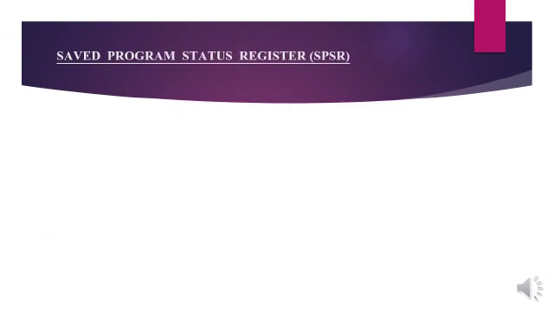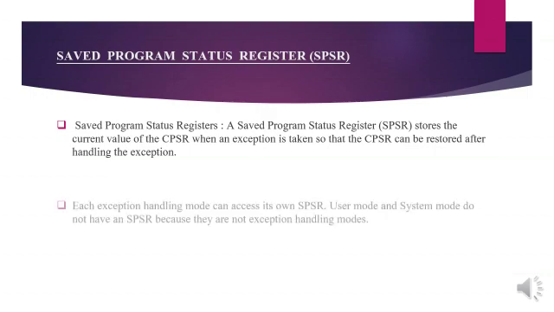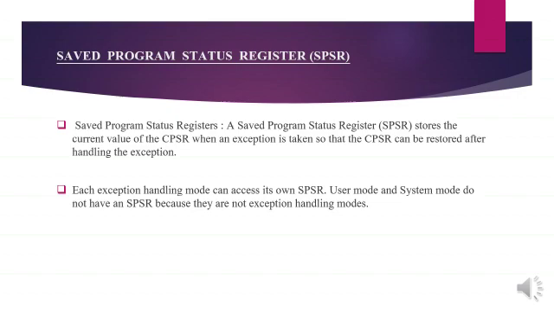Saved program status register. The SPSR stores the current value of the CPSR when an exception is taken, so that the CPSR can be restored after handling the exception. Each exception handling mode can access its own SPSR. User mode and system mode do not have an SPSR because they are not exception handling modes.